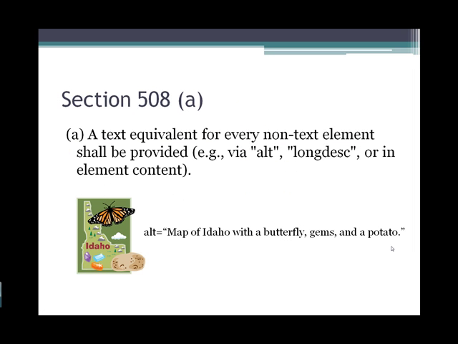Section 508, the very first rule, is that we will provide a text equivalent for every non-text element. So suppose we put an image in a web page. Well, an image, screen readers can't read these very well. So we provide alternative text in the tag with some kind of descriptive phrase that provides another way to access this information.